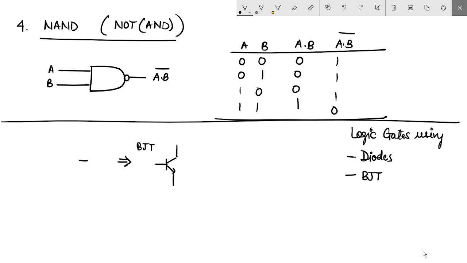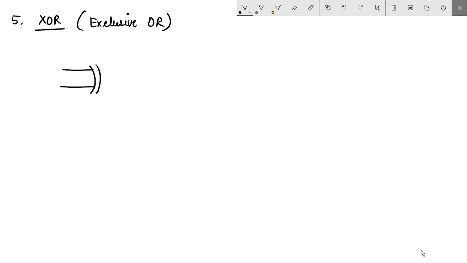And the next type of popular gate is called XOR, okay, or exclusive OR. So this X has come from this X, exclusive OR. This gate is represented as, so it is similar to OR, but there is this flying saucer behind it.